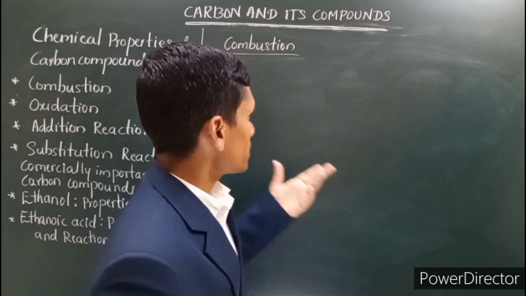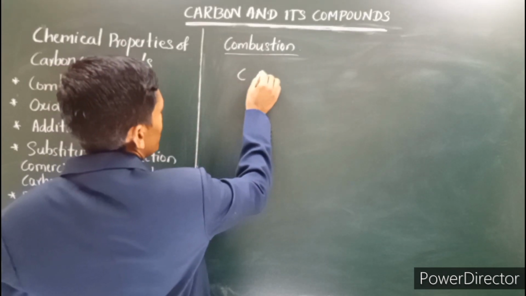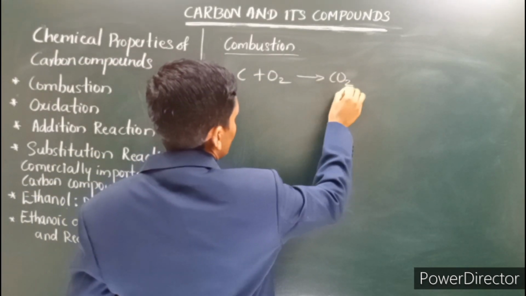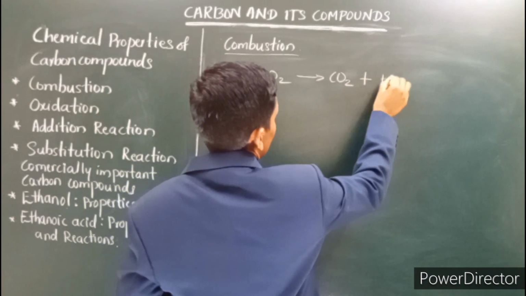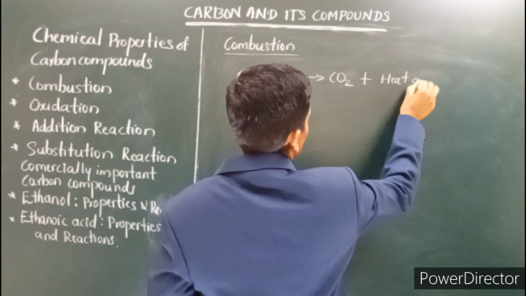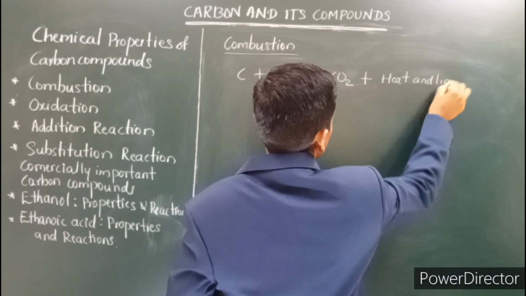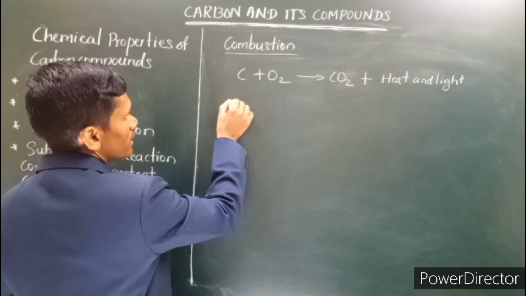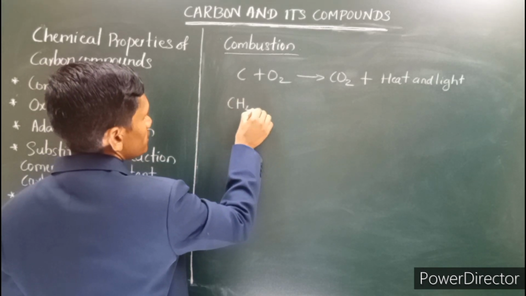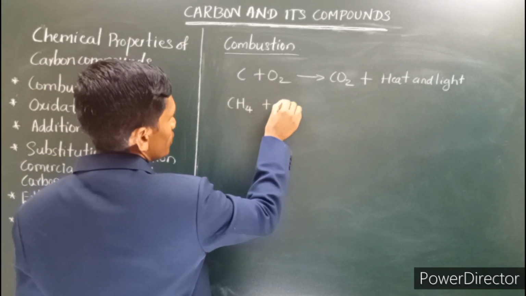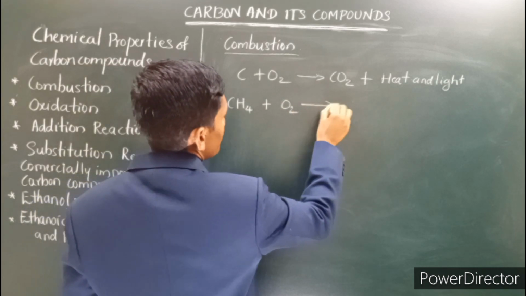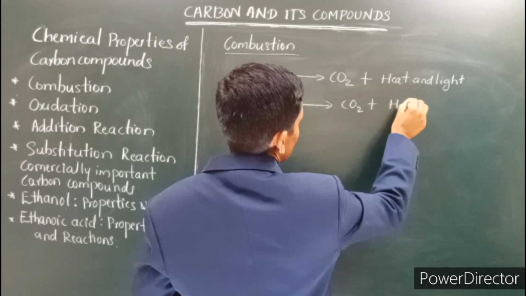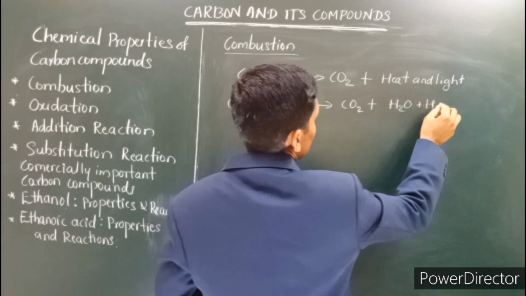If you write that under combustion, when carbon is undergoing combustion, it forms carbon dioxide plus heat and light. Next, if methane gas is burnt, when it is undergoing combustion, it produces carbon dioxide plus water and heat and light.